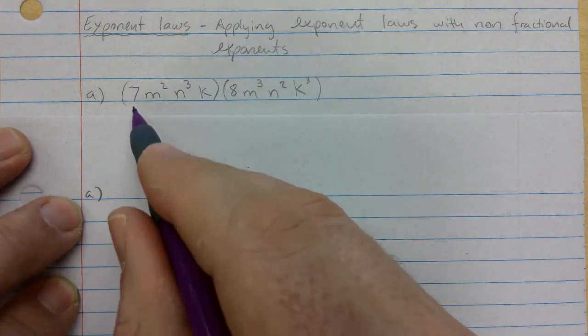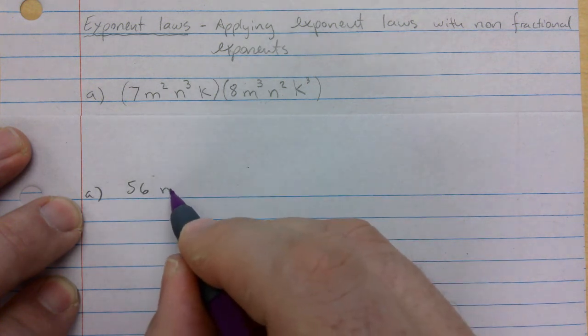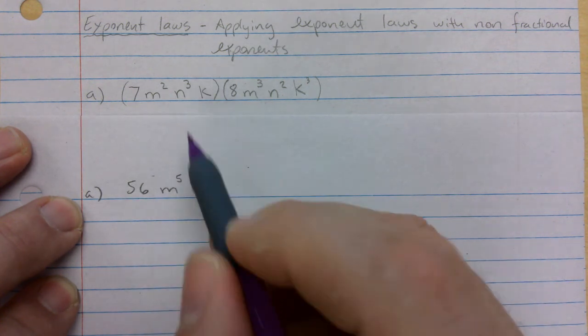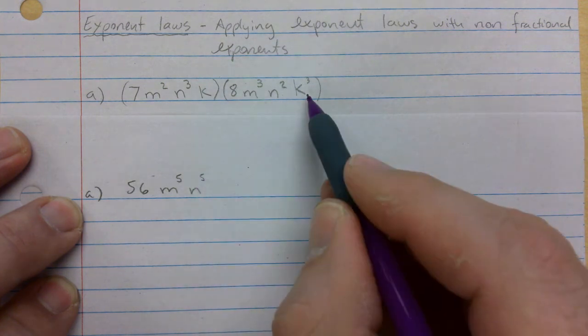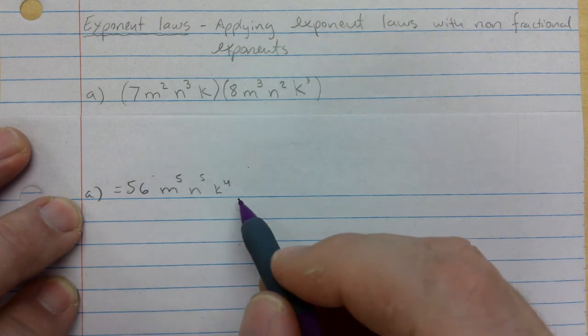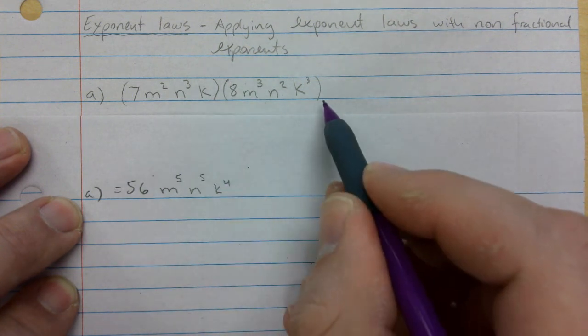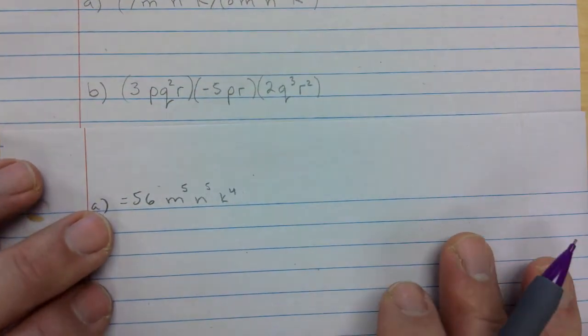So 7 times 8 is 56, m squared and m cubed is m to the 5. You add the exponents. n cubed and n squared is also n to the 5, k and k cubed, that's k to the 4. That's it. So equal sign, that right next to it. So that's all that is to it there.